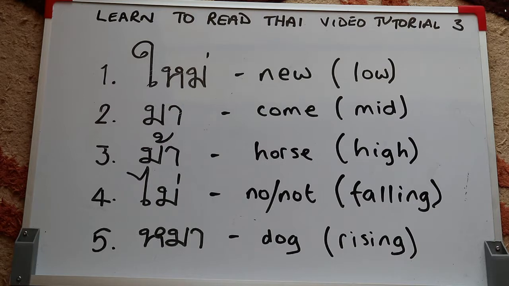You should have heard that has a higher tone and it means horse. And the third example is number 5. Ma. Okay, that's the informal word for dog. The more formal word is sunak, and that has a rising tone.